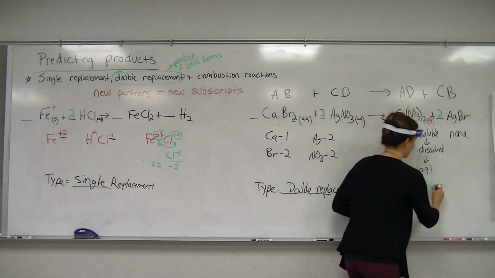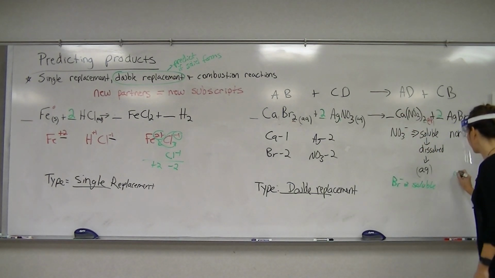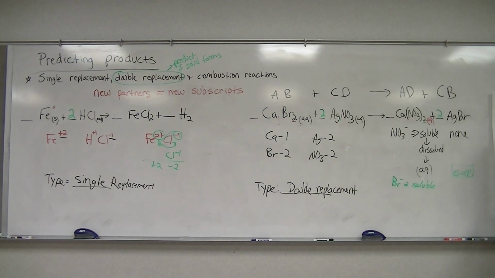But I believe it has exceptions. What are the exceptions for the bromine ion? Ag plus, Pb 2 plus, Hg 2 2 plus. So bromine can form an aqueous solution, except when it's with one of these ions.